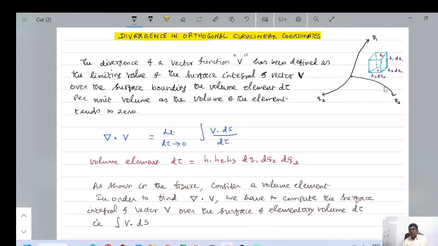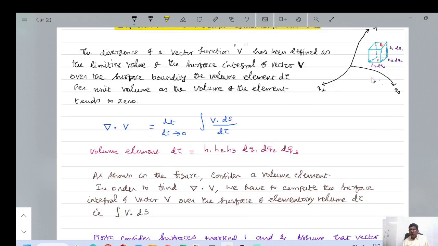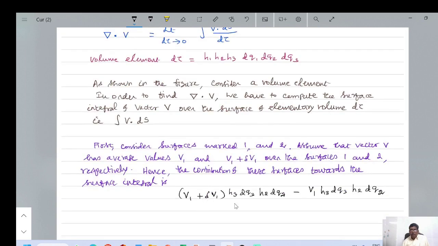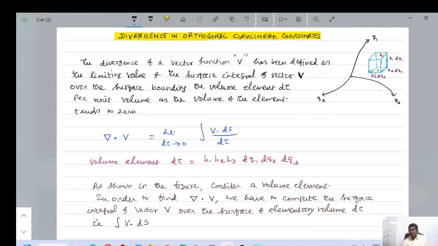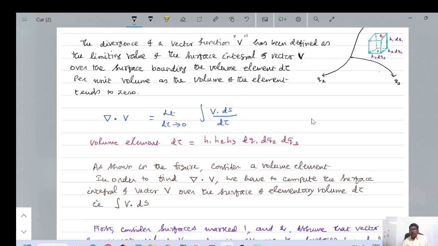The difference in vector is v1 plus delta v1 minus v1, but we are calculating v dot ds. The surface area is this side into this side.